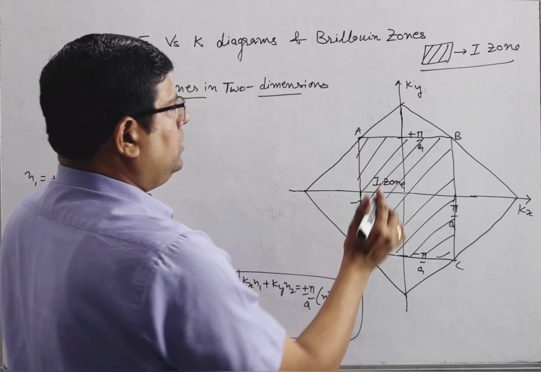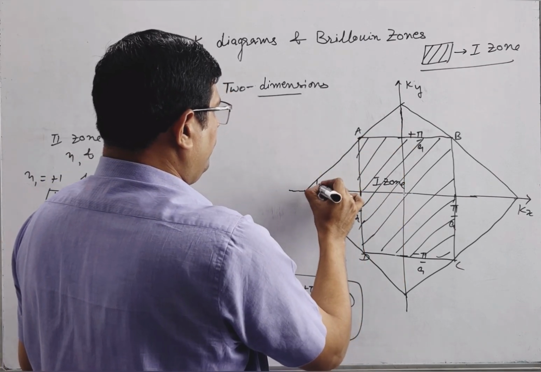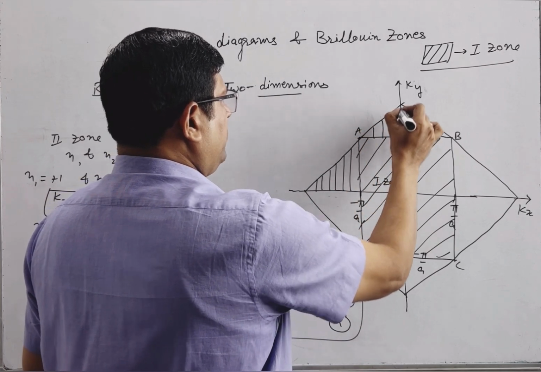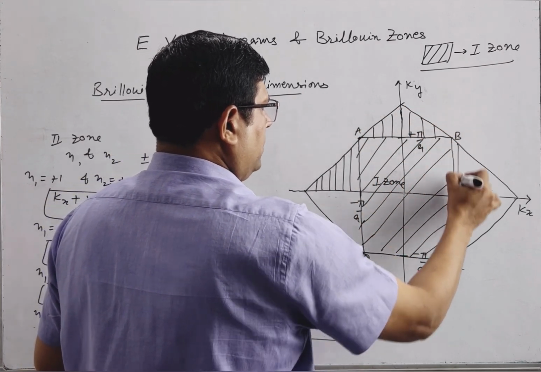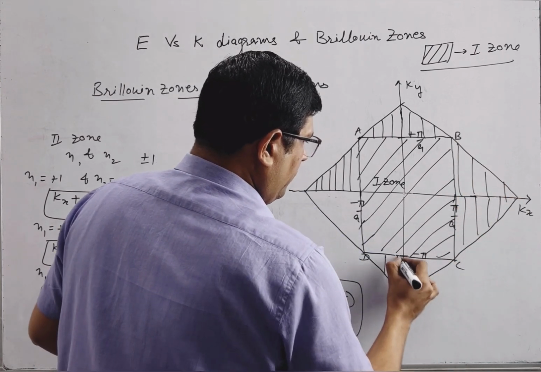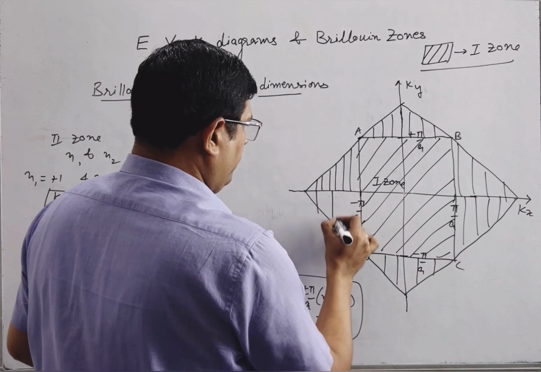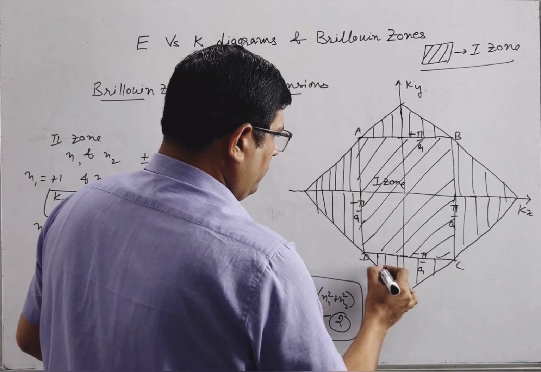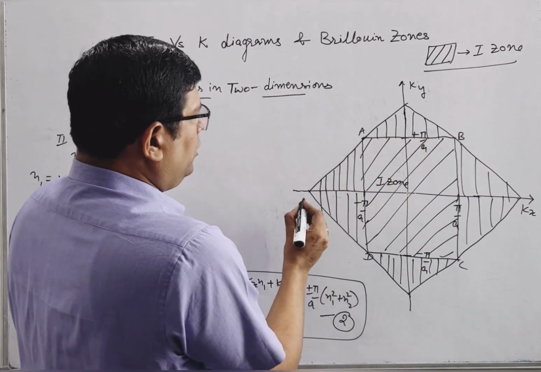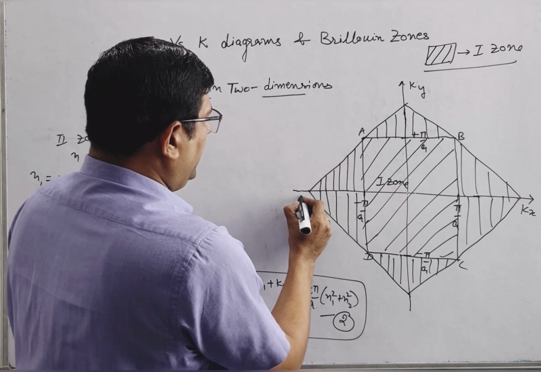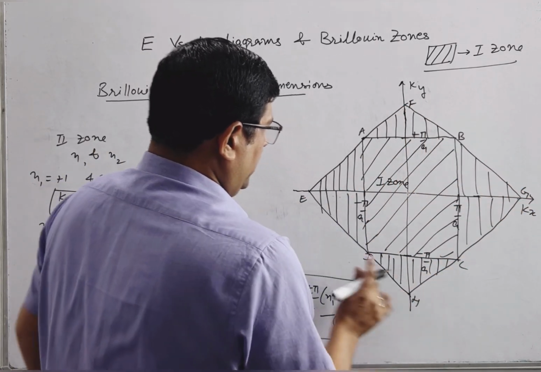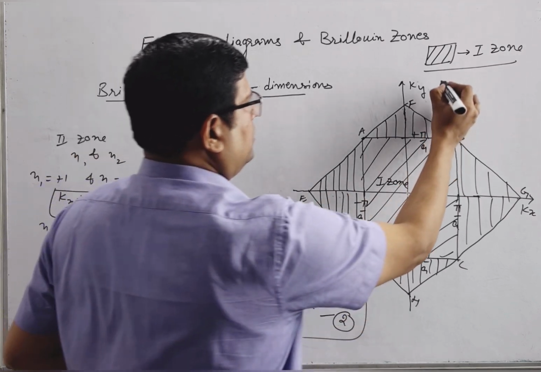Okay, so we have the second Brillouin zone between the points ABCD and EFGH.